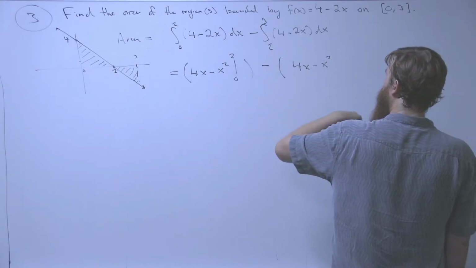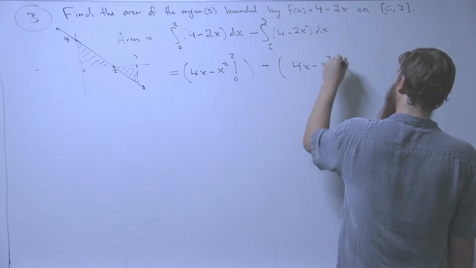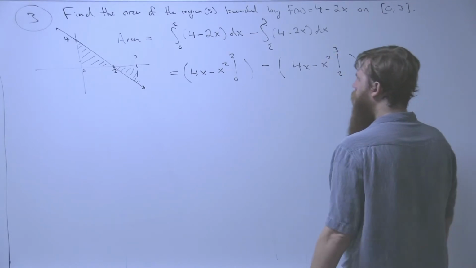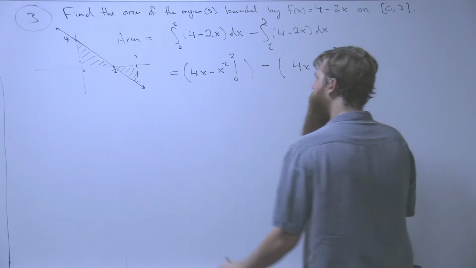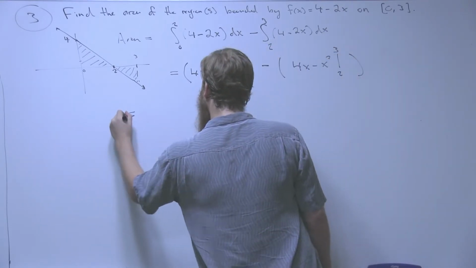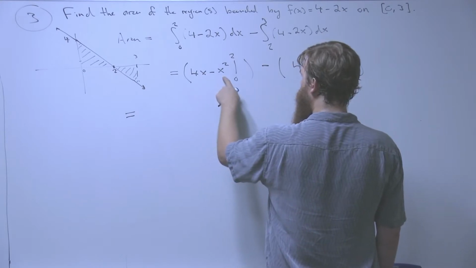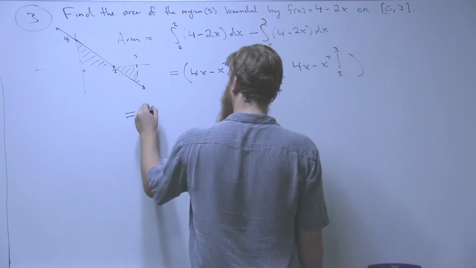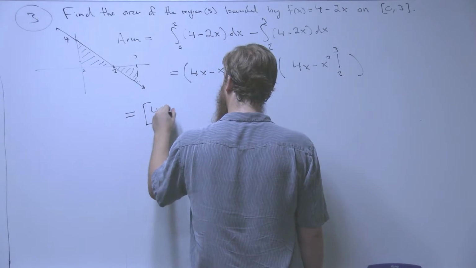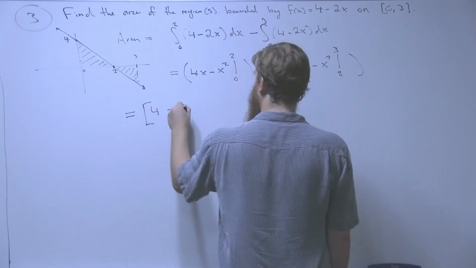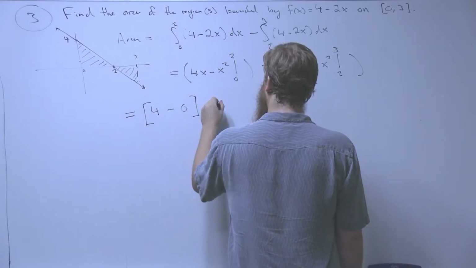But now we're evaluating from 2 to 3. So far, nothing bad. If we plug 2 in here, we get 4 times 2, which is 8, minus 2 squared, which is 4, so we get 4. If you plug 0 in, you get 0, so nothing interesting there.